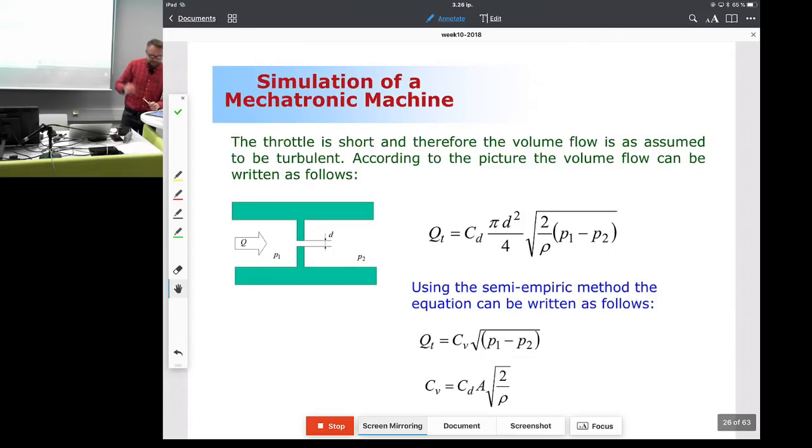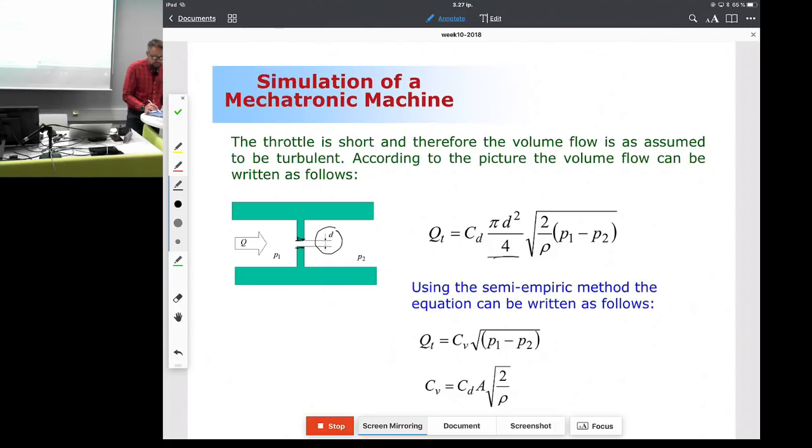All right, so let's take a look. Let's look at the example. Okay, so the analytical model for throttle valve as shown here. I have here the drilling, which is round in shape, and the diameter of the drilling is D. So I can compute the area.